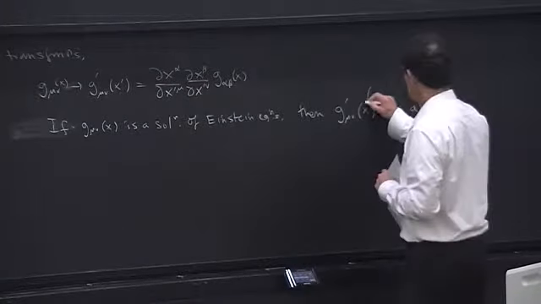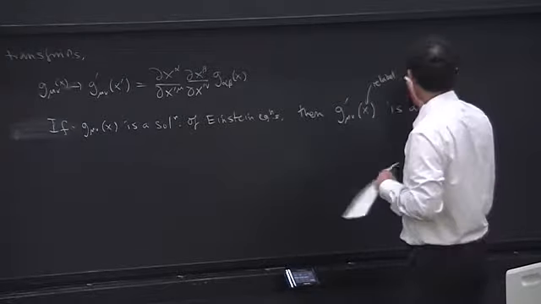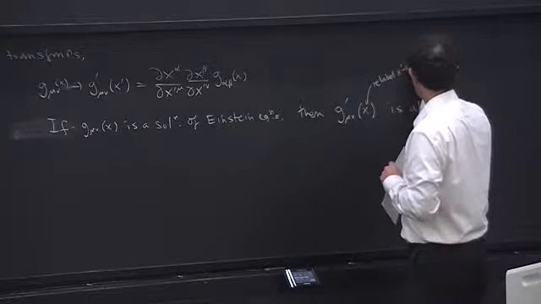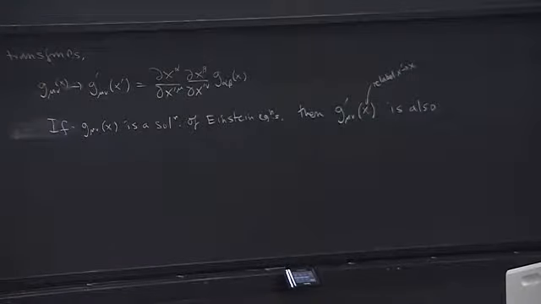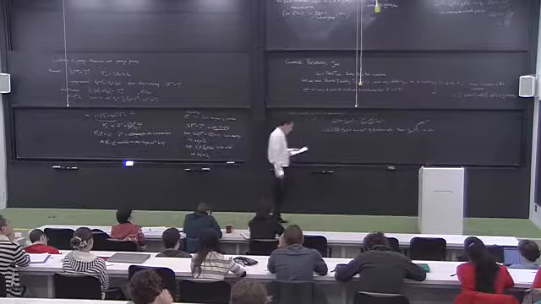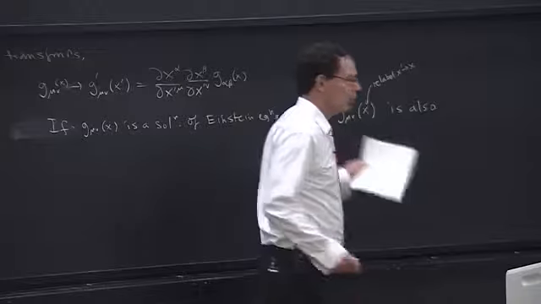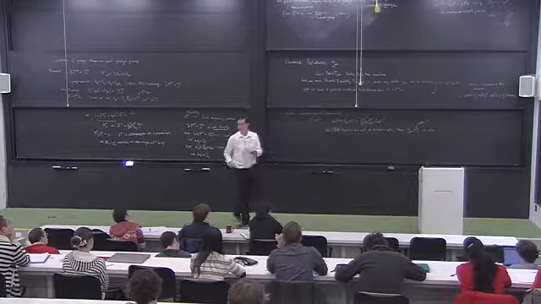Just don't change anything. Just call x prime x. So it follows that if you've got this solution g prime of x prime, I can just call x prime x. And so g prime of x is also a solution of the Einstein equations. So that tells you you can use this coordinate freedom to change the function.